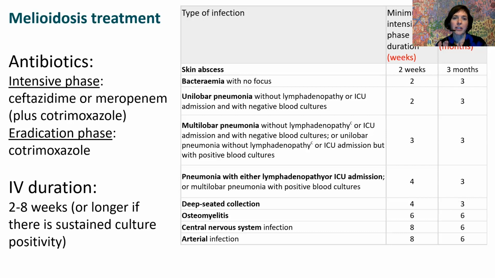So the double strength obviously is the 800/160 of trimethoprim sulfamethoxazole. So we do find high levels of intolerability, but there has been work showing that if you step it up gradually, then people do tolerate it better. So that's the approach to treatment for melioidosis.